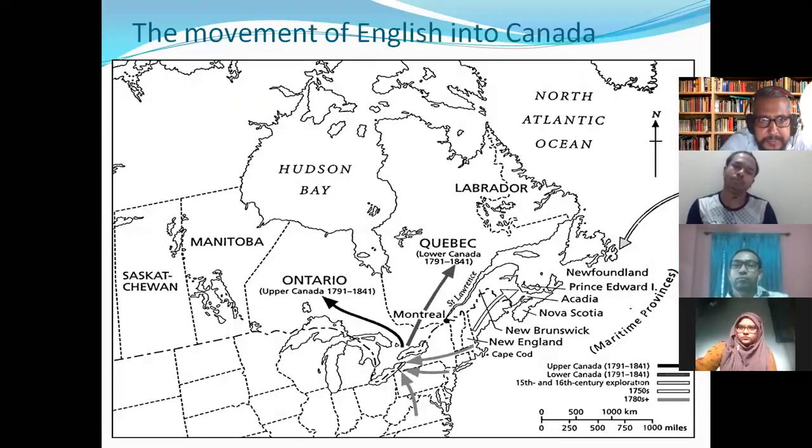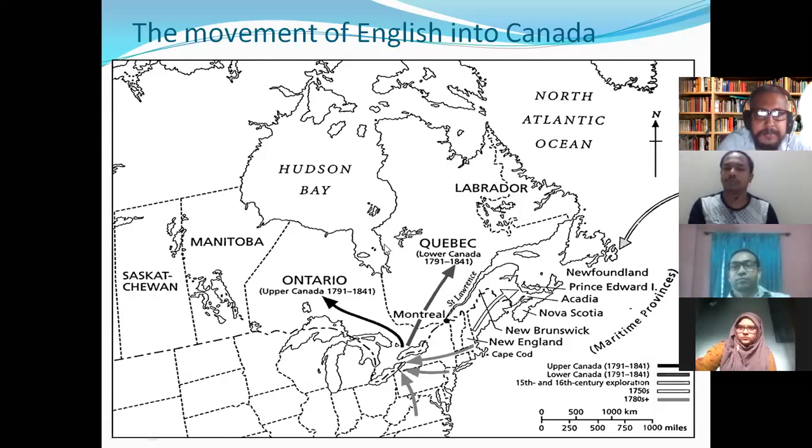Look here, Ontario, Upper Canada. This is Upper Canada, and this is Lower Canada. The late loyalists thought that Canada is a very large country in geographical area, and the land is very cheap. Many areas are still unoccupied by human beings, as fewer people had been living in Canada.